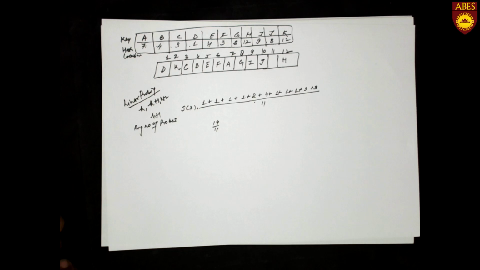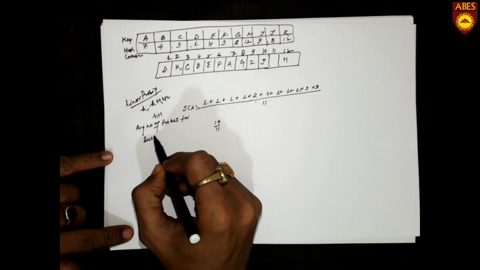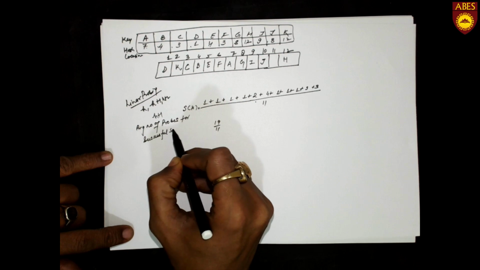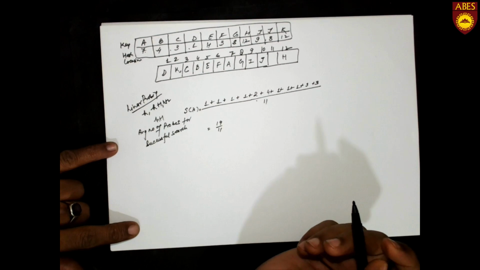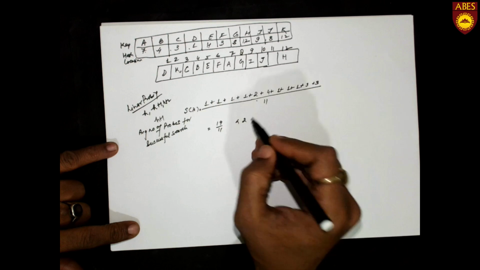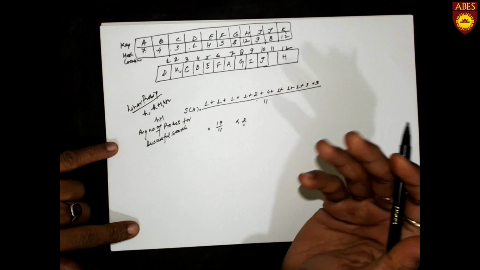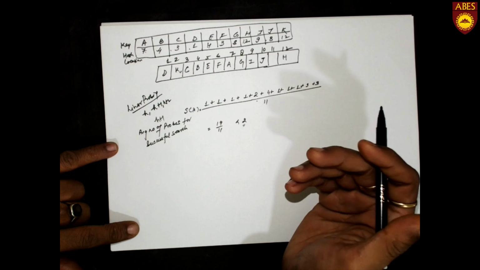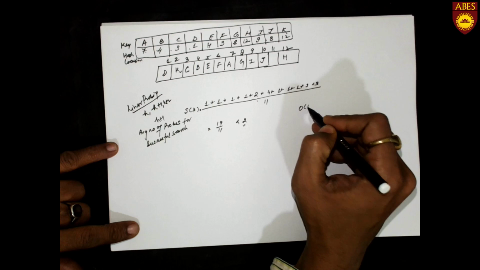So the average number of investigations that we have done in finding out the data. So average number of probes for successful search. This is 19 by 11. So this is less than 2. Fine, very less than 2. You can say that the search complexity of the hashing technique is constant time, order of 1.